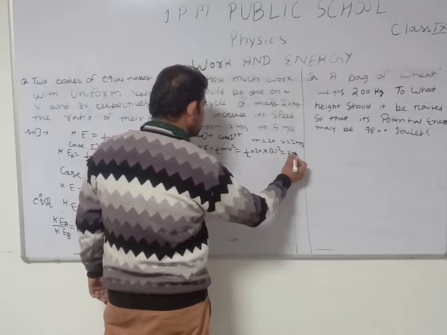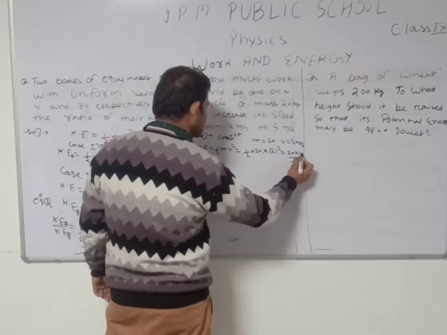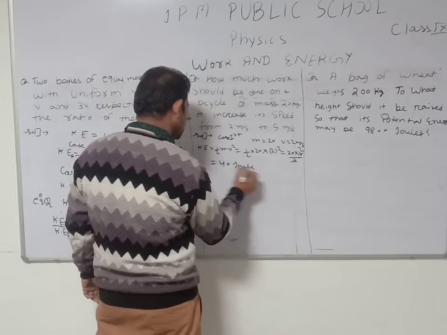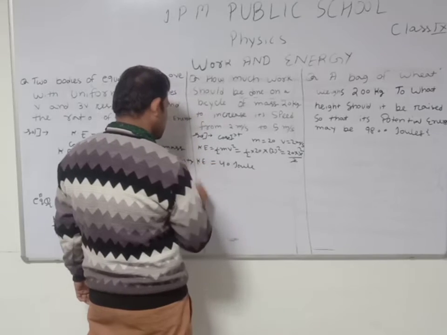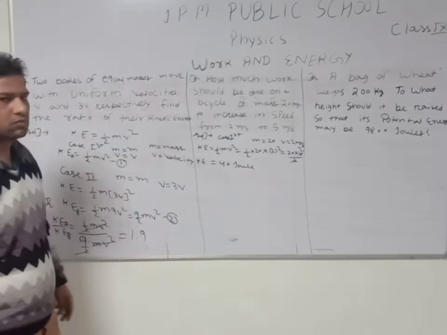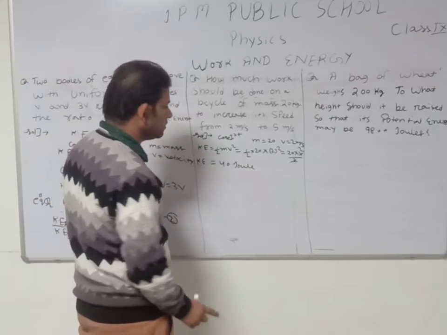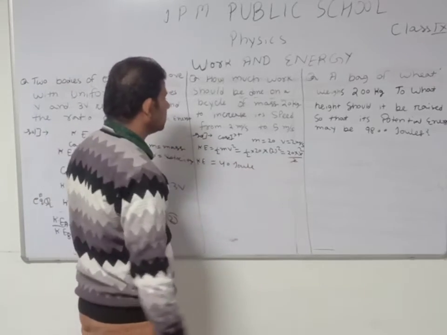Then 20 into 4 by 2, it means 40 joule. Case first, kinetic energy is 40 joule.